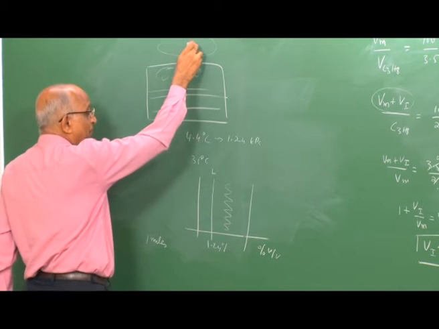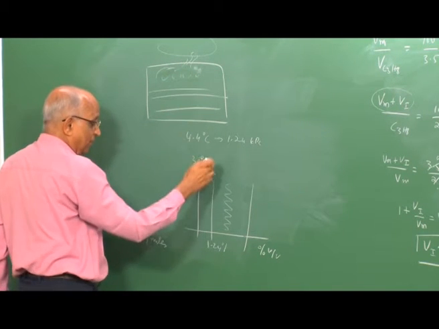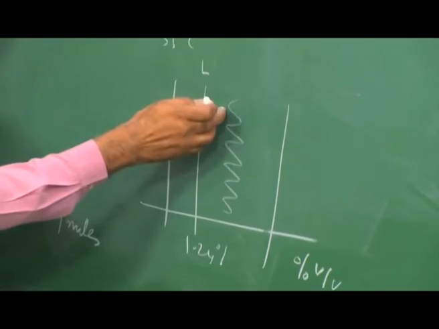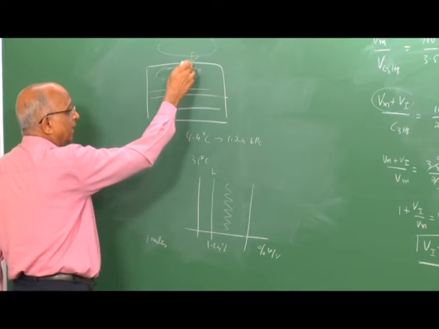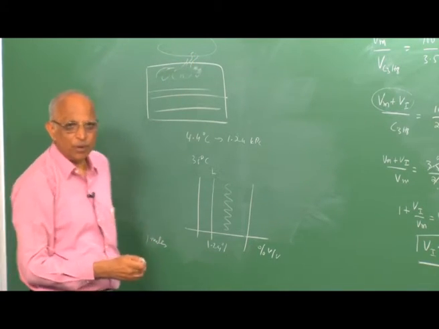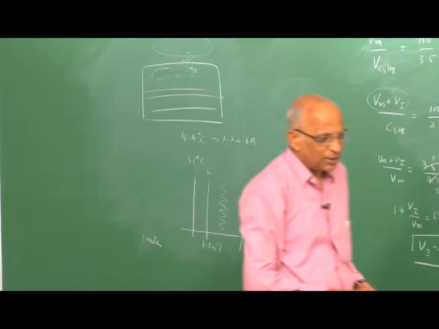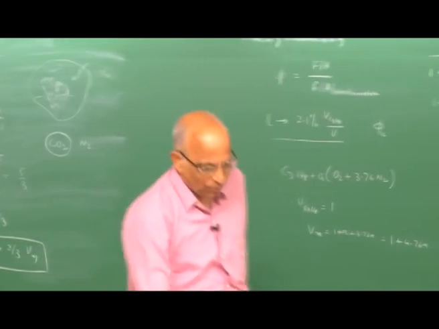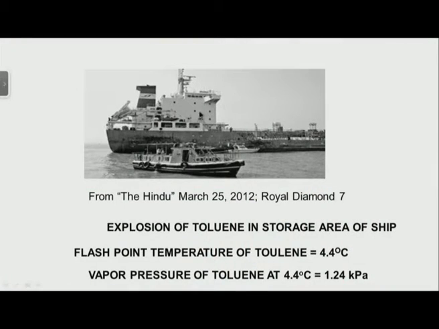The toluene-air mixture formed exceeds the flammability limits, and any spark can ignite it, and this is what caused the problem. That means the explosion in the ship Royal Diamond was essentially due to leakage of toluene, which formed a flammable mixture, and that is what caused the explosion.